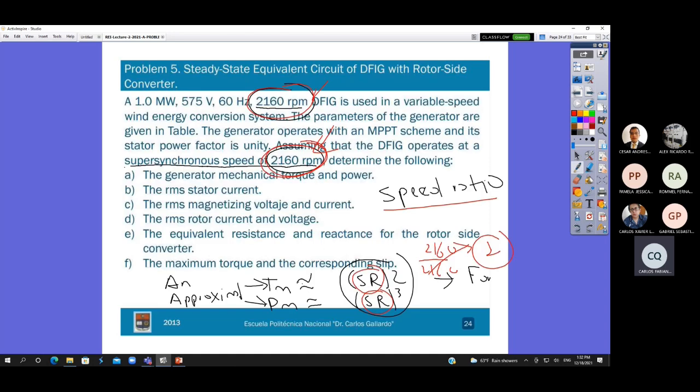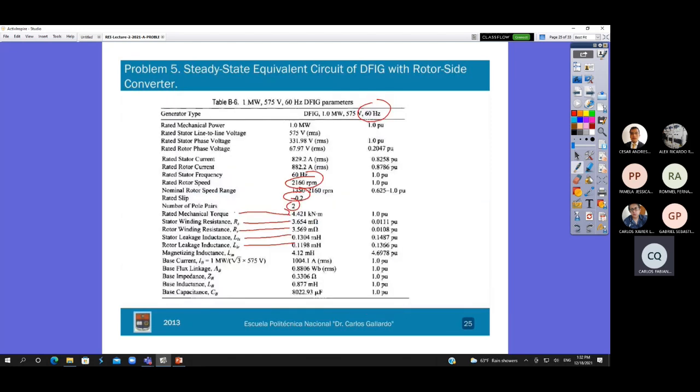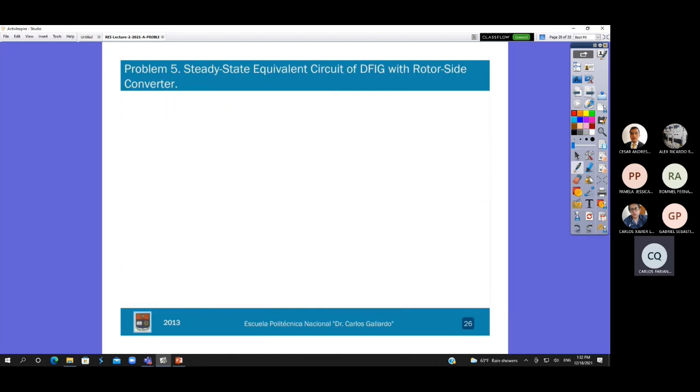So let's continue with the first part, the generator mechanical torque and power. From the previous problem, we established the methodology, so I will follow the same methodology. I will start with question A. I will compute the mechanical torque, starting from the rotor mechanical speed.